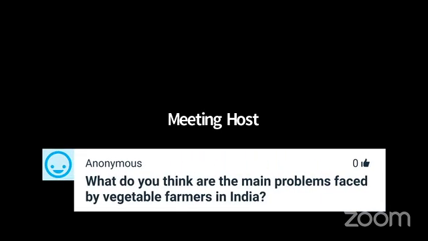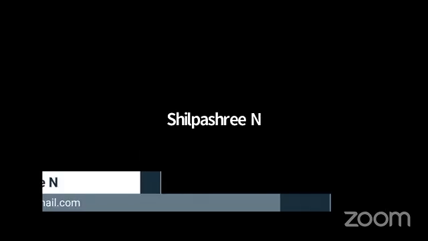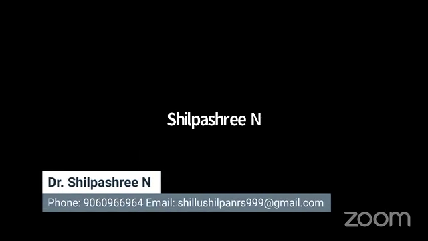What do you think are the main problems faced by vegetable farmers in India? Mainly the climatic conditions are very bad nowadays. Even in summer, we are getting heavy rains.